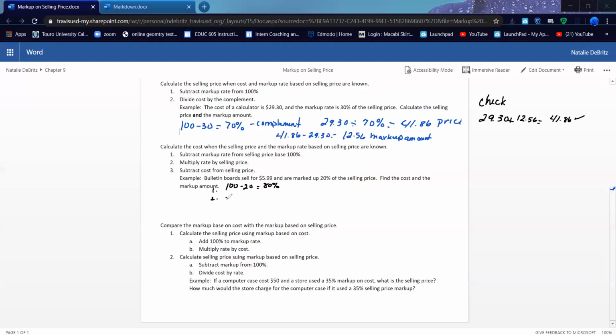So my 80% times $5.99, which is going to give me $4.79, which is the cost. Then I'm going to subtract the cost from the selling price. So part 3 is $5.99, the selling price, minus the cost, which is $4.79. That's going to give me $1.20, which is the markup amount.